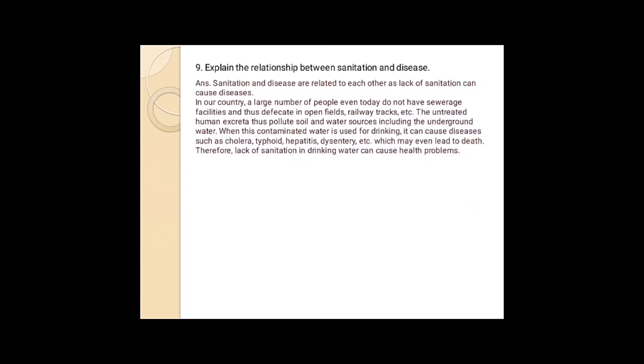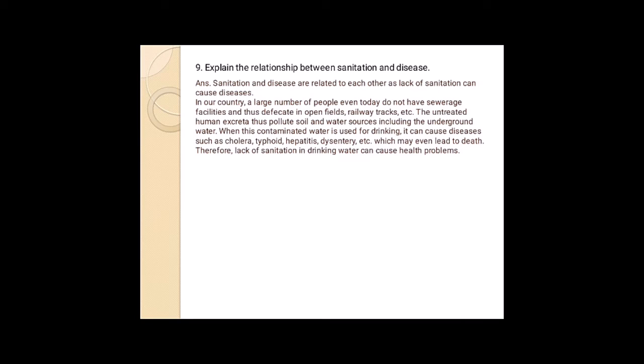The next is: explain the relationship between sanitation and disease. Sanitation and disease have an inverse relationship. The better the sanitation, the less the disease, and a lack of sanitation will lead to more disease.